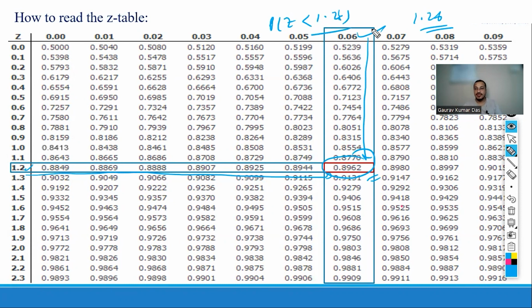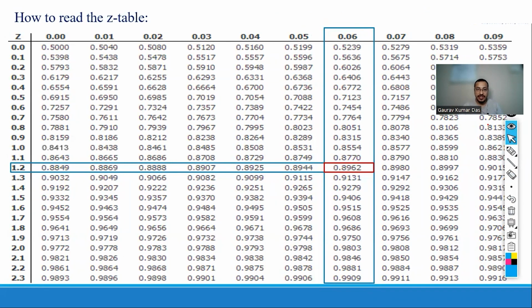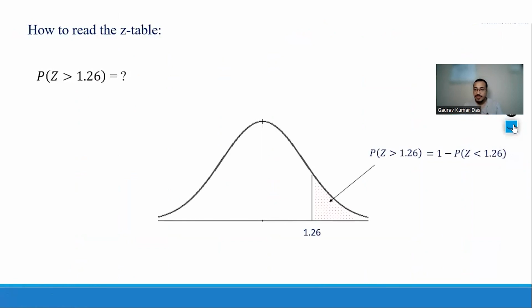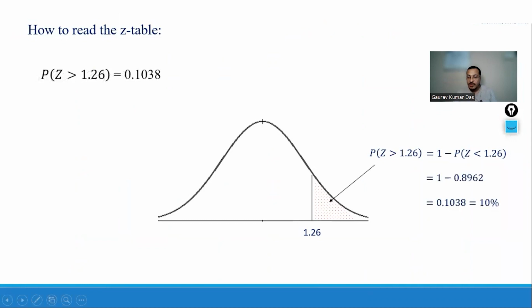Please remember that. Okay. So once we have that value, what can we do next? So this was the graph which we had. So we can simply equate it to 1 minus 0.8962, which is our value from the table.